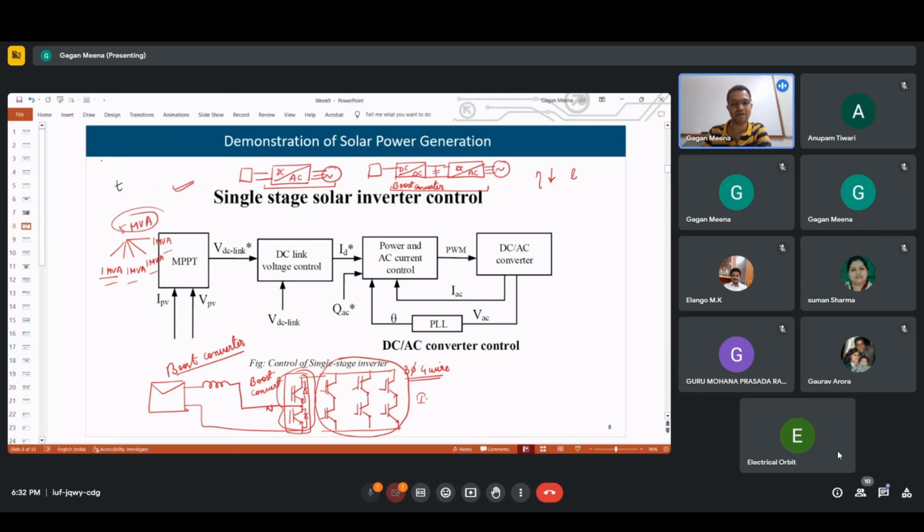So current will also reduce slowly, because as the battery goes to 100% SOC, the power requirement will reduce. So initially it is in CC mode, then it converts into CV mode. This is for DC fast charger.